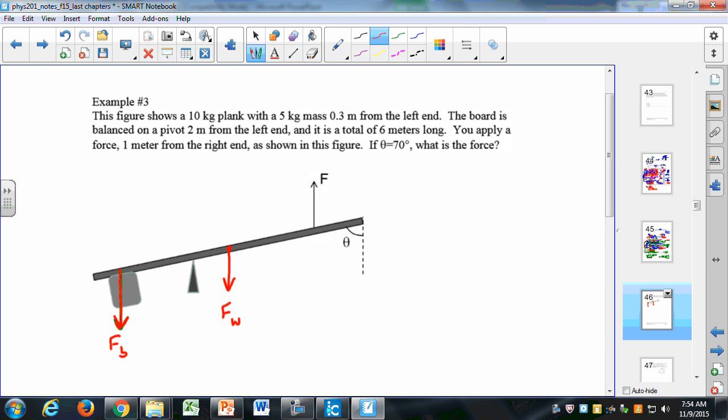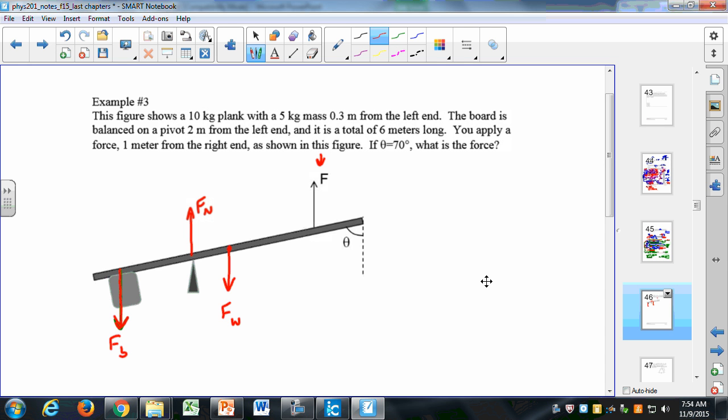Then I have a normal force. Be careful here. Actually, no, I'm sorry, not like that. Your normal force is perpendicular, not to the plank, but to the pivot there. So my normal force looks like that. And then I also have a force here. I think that's all the forces. Is that all the forces I have on this?